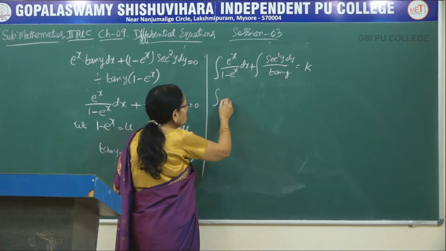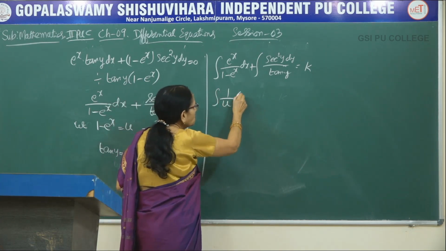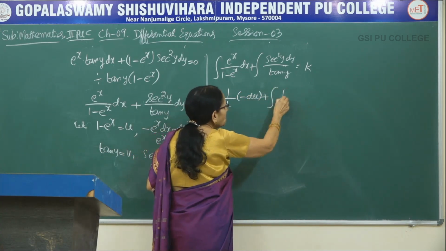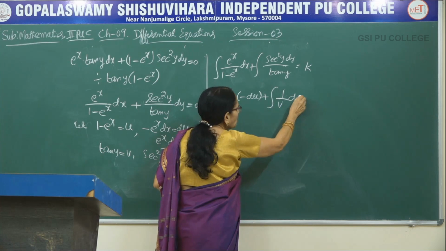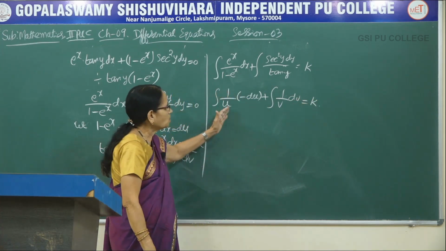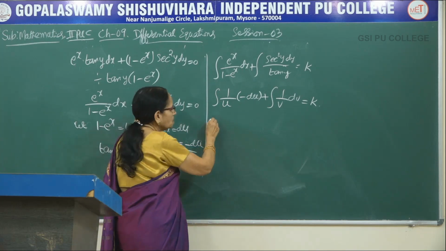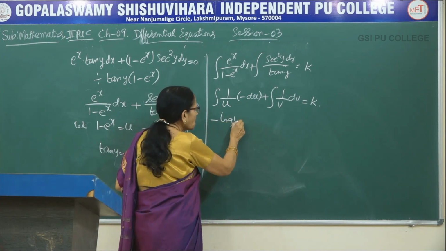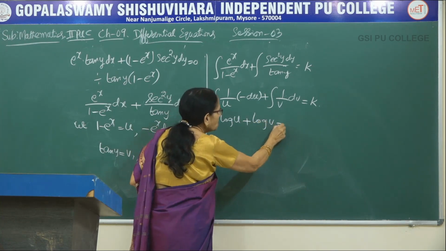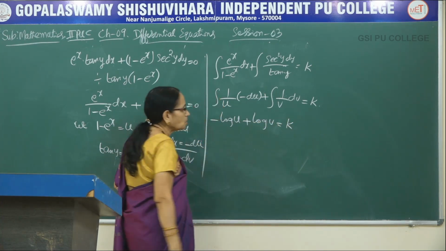Let me make the substitution. 1 divided by u into minus du plus 1 divided by v into dv, that would be equal to k. So the integrals of 1 by u and 1 by v give minus log of u plus log of v, that is equal to k.